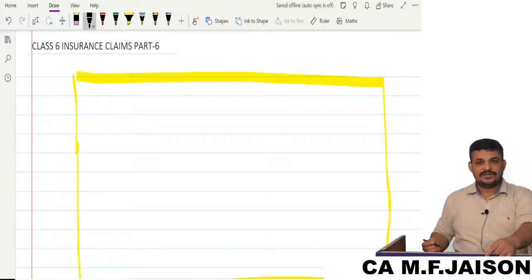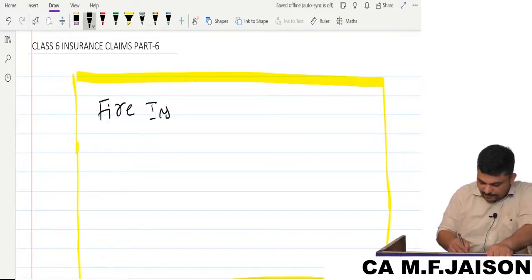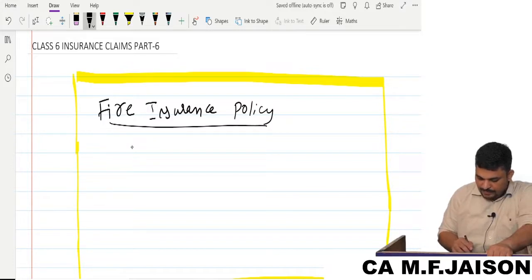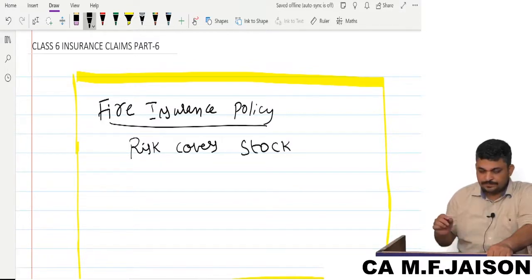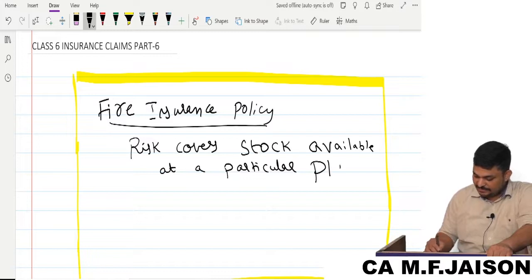First of all, we should understand that when we have an insurance policy, say a fire insurance policy, the risk covers stock available at a particular place.